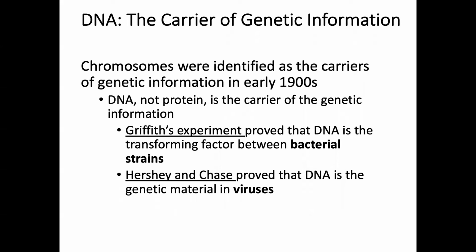Research in the first few decades of the 20th century identified chromosomes as carriers of genetic information, but it was unknown which chemical component was the genetic material. There were two important experiments establishing the role of DNA as the carrier of genetic information.